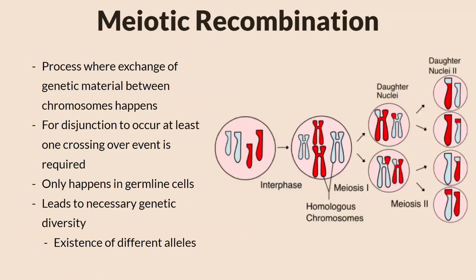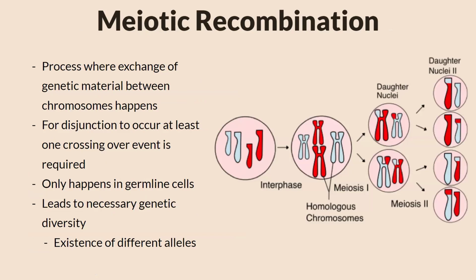And then, just to differentiate this, Laura was talking about somatic recombination, which is the process of VDJ recombination. This is meiotic recombination. These are the two big kinds of recombination that we have in our cells. This only happens in our germline cells. That's the major difference.